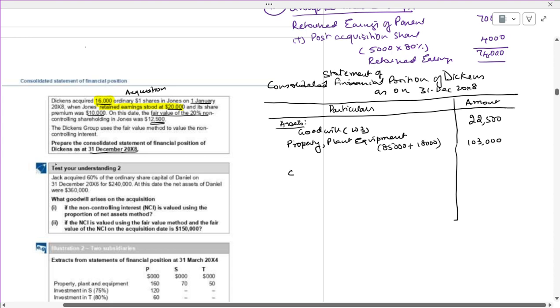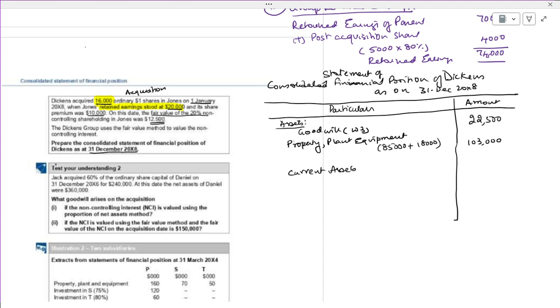Current assets. We will not take investments. Why are we not taking investments? Because we have taken investments while calculating goodwill.